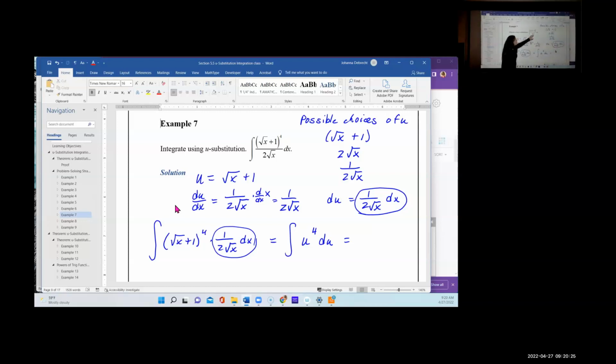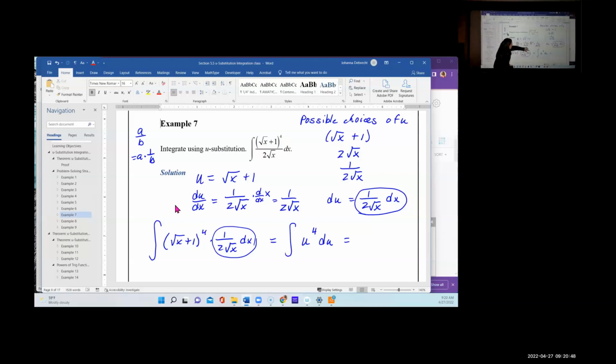Now I took the original integral and I pulled it apart and I wrote it as the numerator times the fraction 1 over 2 the square root. So I just pulled the pieces apart. So if I had something like a over b, I wrote it as a times 1 over b instead. Yeah. All right. Thanks.